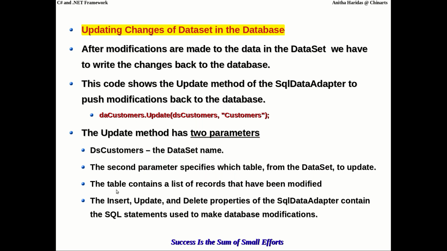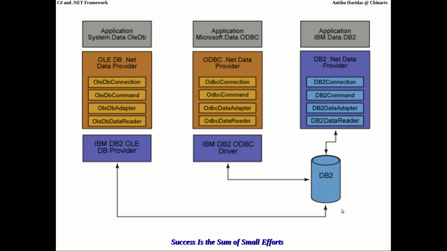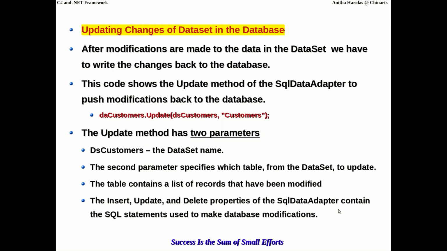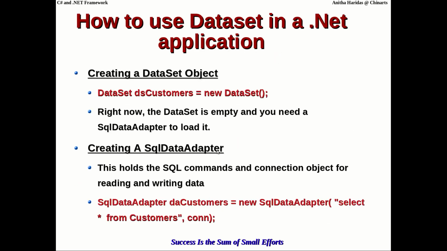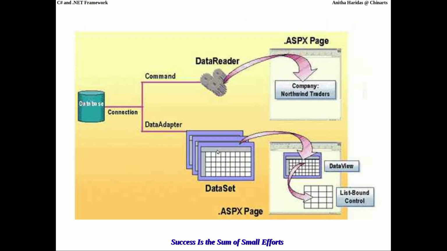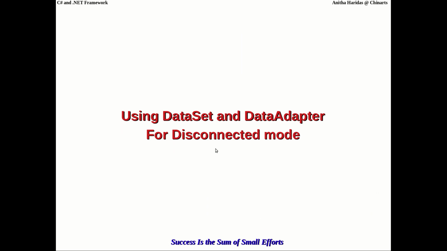So the table will specify the list of records that are to be modified, whereas what modification is to be done, whether it is insertion, updation or deletion, will be specified by the SQL data adapter, right? So this is how we will be using a data set and a data adapter for disconnected mode.